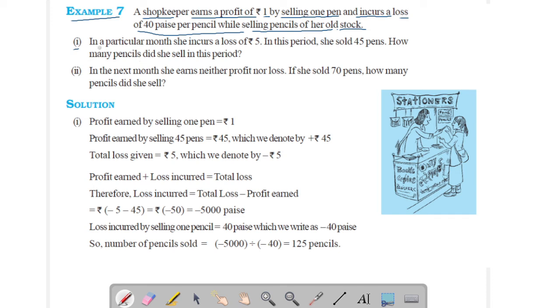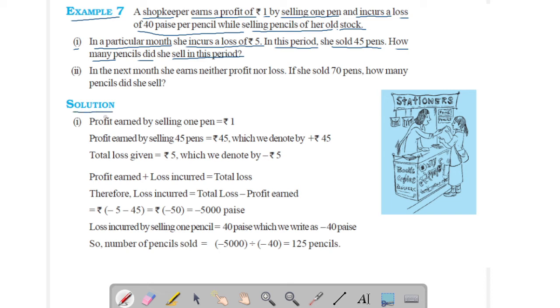First part, in a particular month, she incurs a loss of rupees 5. In this period, she sold 45 pens. How many pencils did she sell in this period?